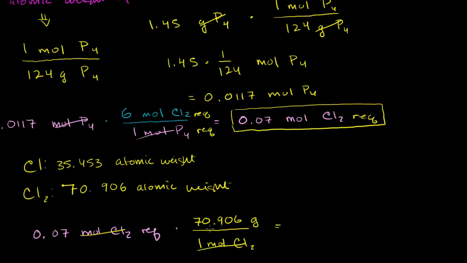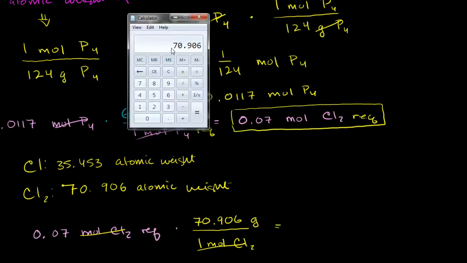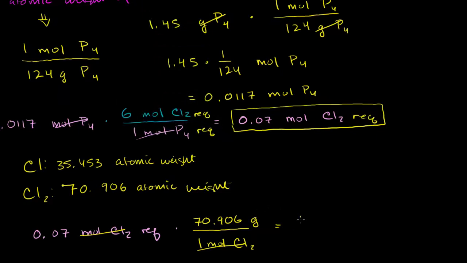So let's get that over here. 70.906 times 0.07 is equal to 4.96 grams of chlorine gas.